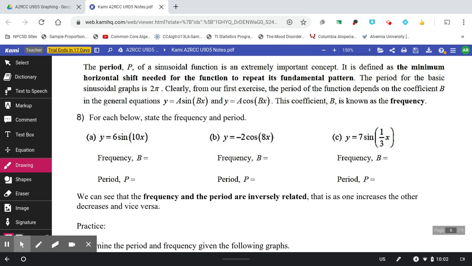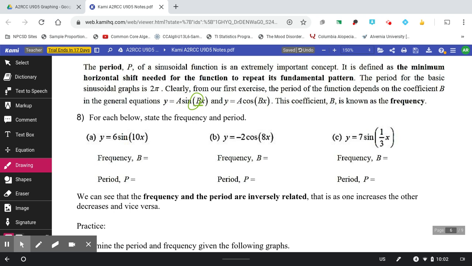Clearly, from our first exercise, the period of the function depends on the coefficient b in the general equation. So the period is not given in the function, but you can get it from the equation because it has a correlation to the frequency. Okay, that b is called the frequency.